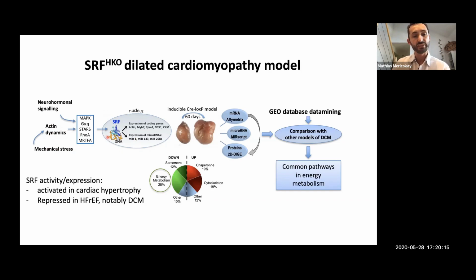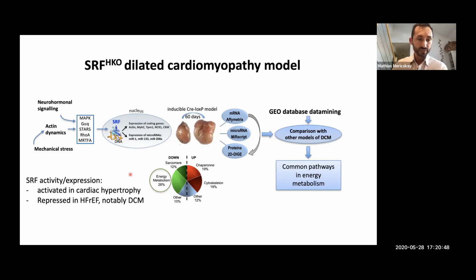Its targets are many genes involved in cardiac contractility, including actin, myosin heavy chain, tropomyosin, but also genes involved in sodium calcium exchange, such as NCX1, or energy transfer, such as the creatine kinase muscle form. These genes are heavily dependent on SRF to be transcribed and expressed in the heart. There are also a number of microRNAs, such as miR-1 and miR-143, under the control of SRF.